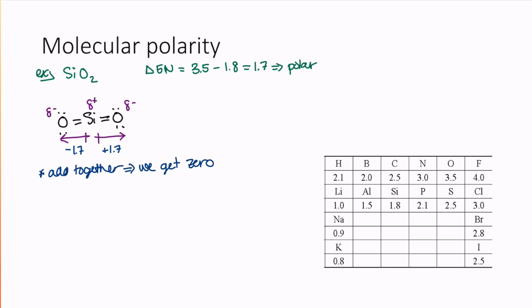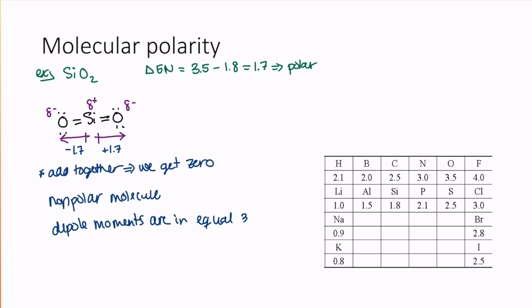So yes, this molecule has polar bonds, but as a molecule, it is a non-polar molecule. And that is because the dipole moments are in equal and opposite directions. So the dipole moments cancel out.